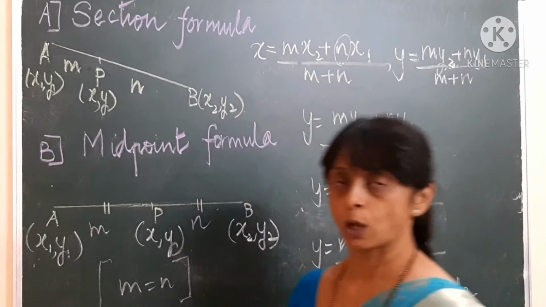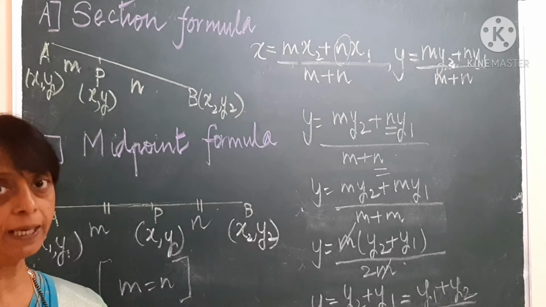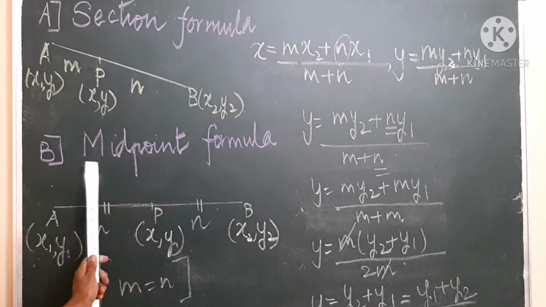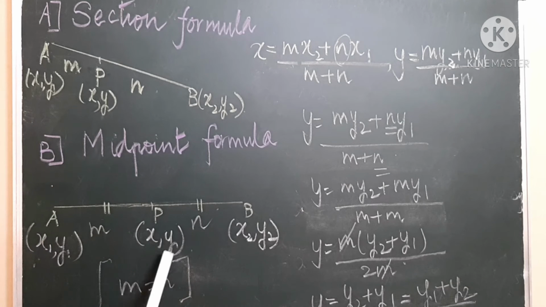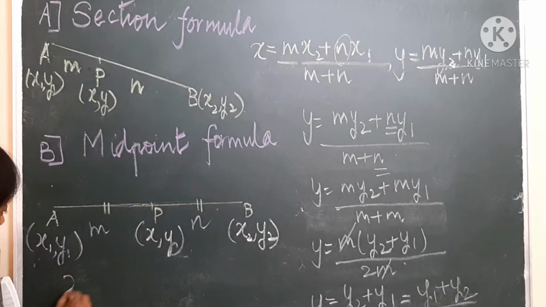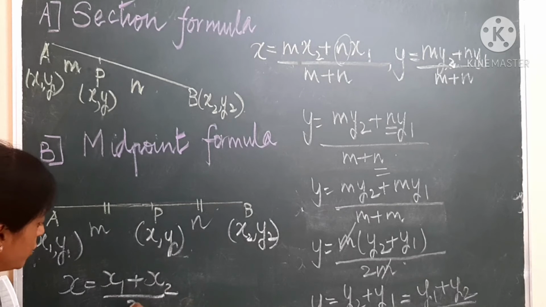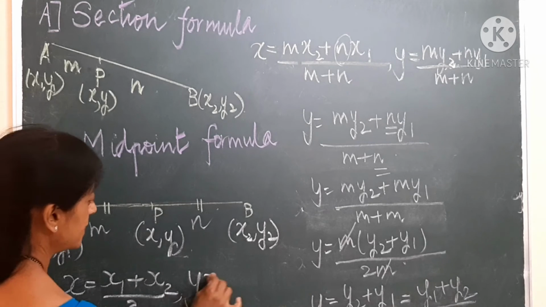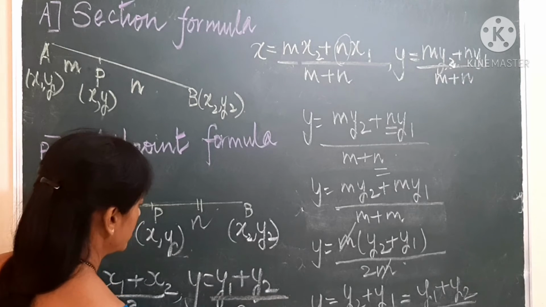So children, when P is the midpoint of AB, we can directly use the midpoint formula to calculate the values of the coordinates of the midpoint as x is equal to x1 plus x2 upon 2 and y is equal to y1 plus y2 upon 2.